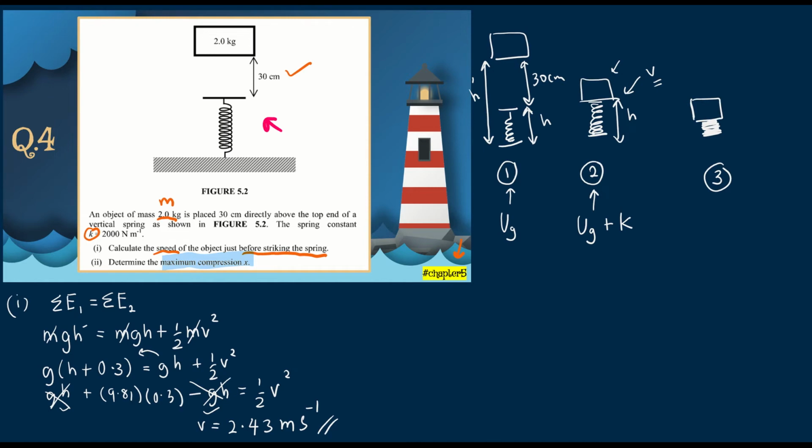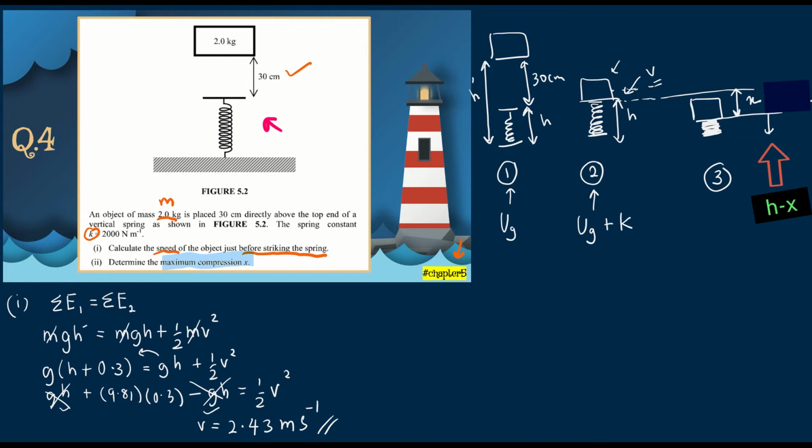So from this position to this position, we have a value of compression here, S, and now the height of the object is equal to h minus s.